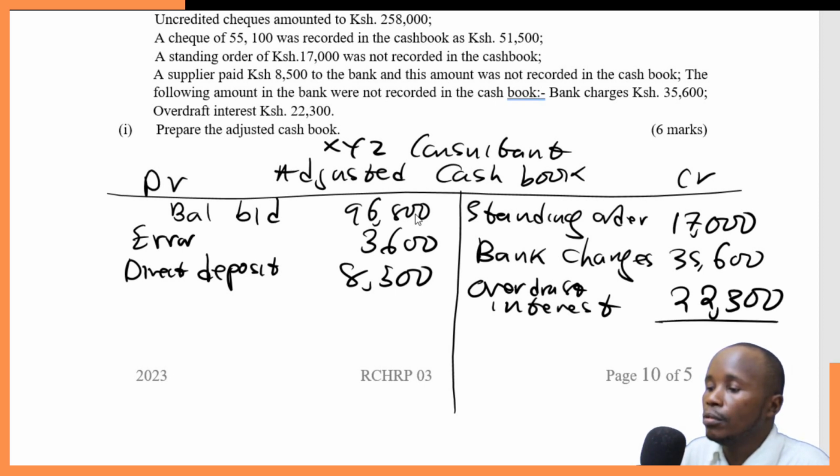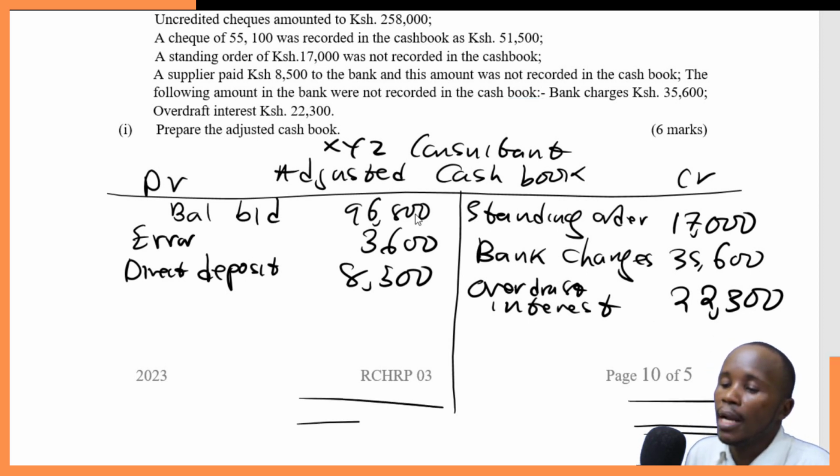So you come here and balance this account. What do you get here? 96,800 plus 3,600 plus 8,500. That is 108,900.